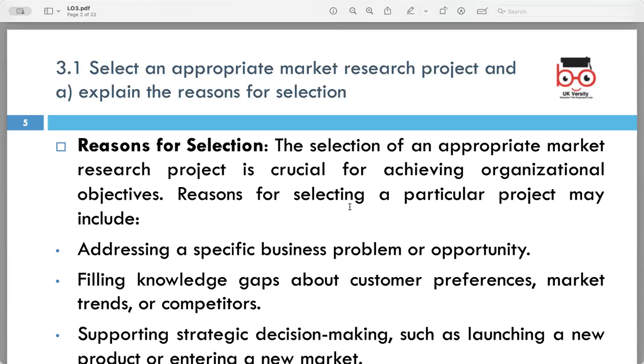For instance, organizations might face declining sales in a particular product line and need to understand the underlying causes. Alternatively, there may be an emerging market opportunity that requires detailed analysis to determine its viability.